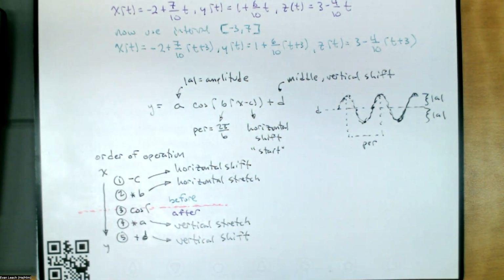Things that happen before the trig function are horizontal things. Things that happen after the trig function are vertical things. And we take the trig function in the middle as our base case. And we modify it with horizontal stuff by doing stuff to the variable before the function happens, and vertical stuff by doing stuff to the function after the function happens.